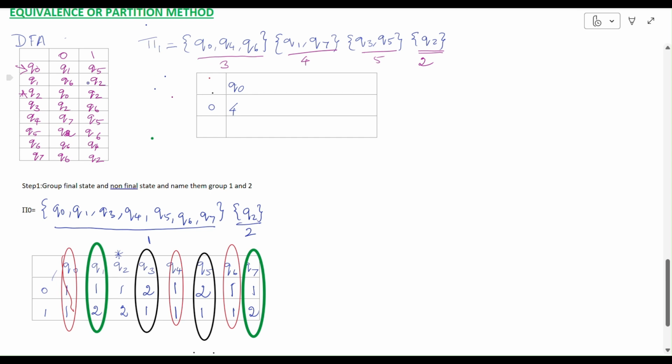Q0 on receiving 1 moves to Q5, which is of group 5. Q1 on receiving 0 goes to Q6, which is of group 3. Q1 on receiving 1 moves to Q2, which is of group 2.